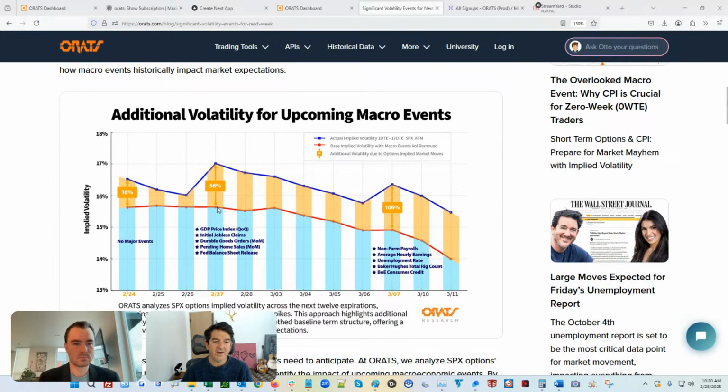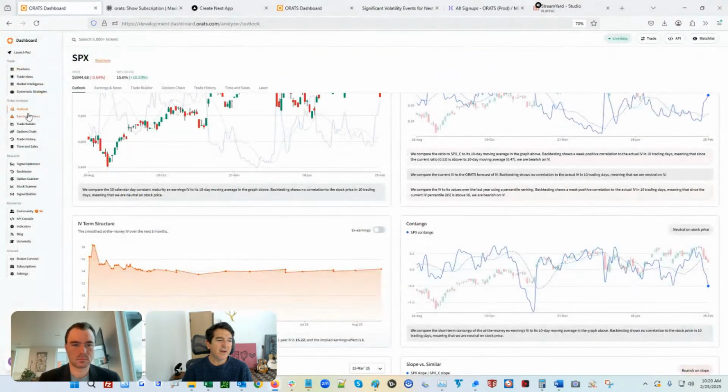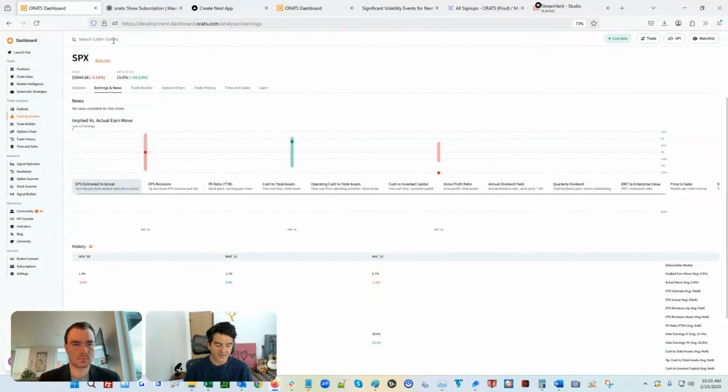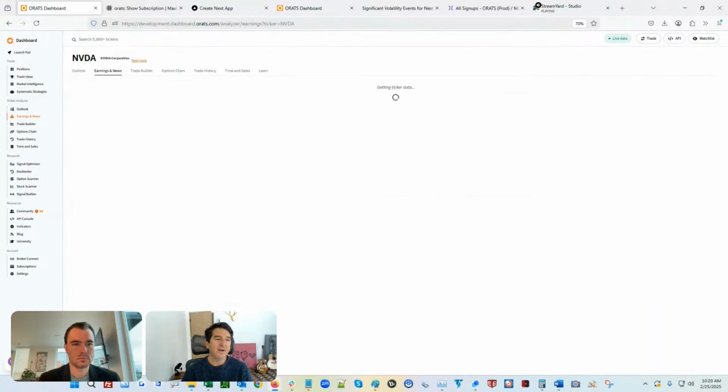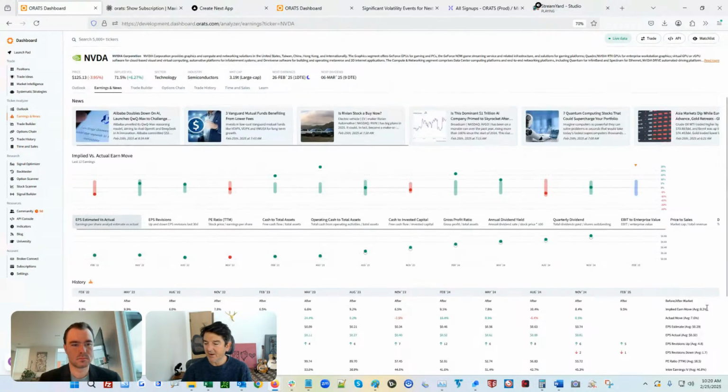So when you're trading, you are comparing what the percentage additional volatility is to the macro moves. So then you might say, well, how do I value that? Like in Nvidia, we could go in and look at past earnings, and say, well, right now it's implied at 9.5.